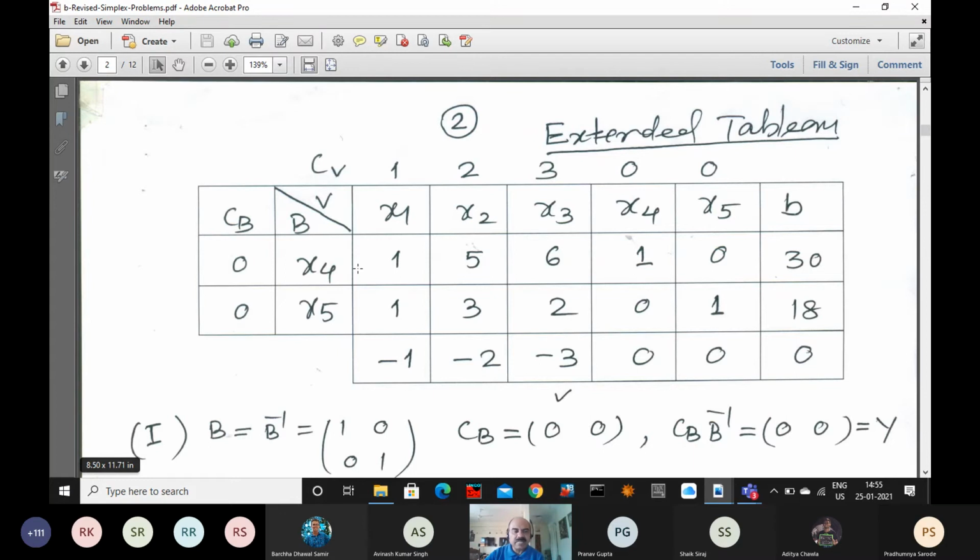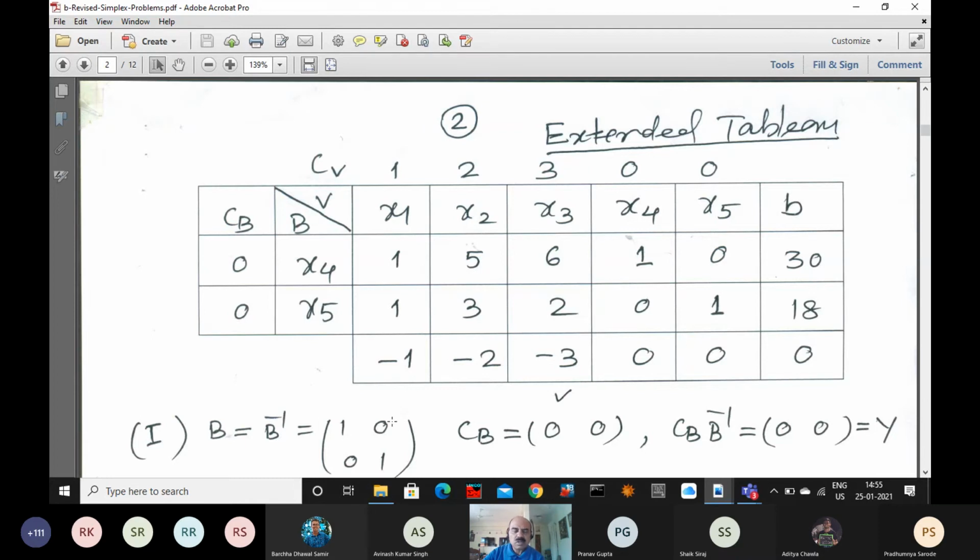Now we are writing variables: X1, X2, X3, X4, X5, consisting of basic and non-basic variables. In the first table, the basic variables are X4 and X5, and the coefficients of the basic variables are 0 and 0.